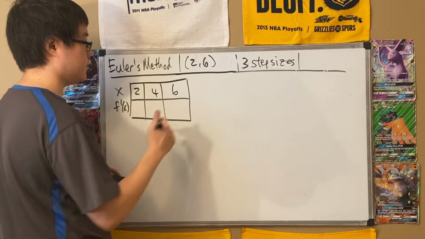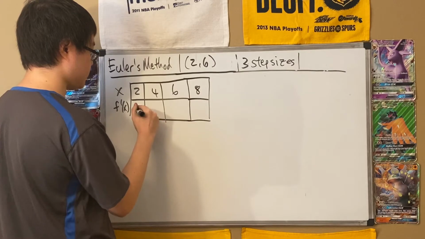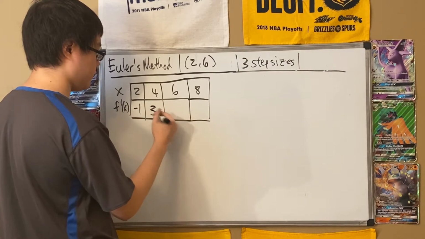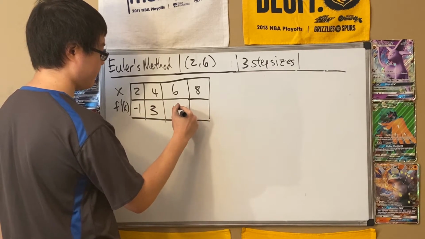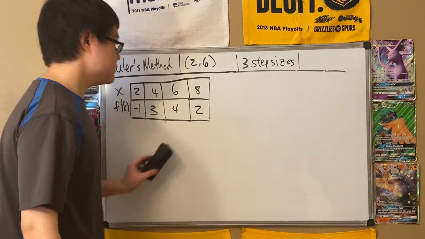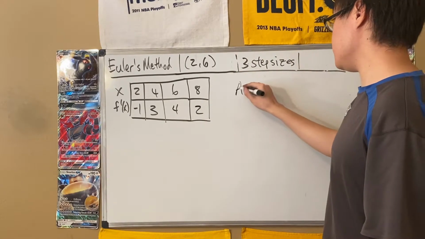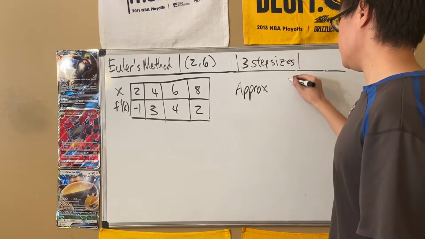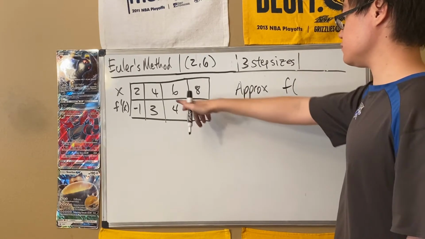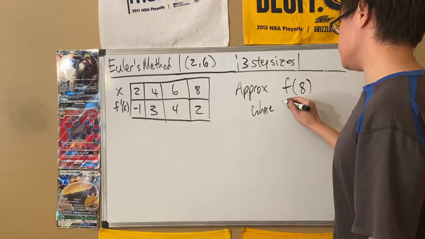And then finally, let's do 8 here. And we're going to have random numbers here. Let's have negative 1, 3, 4, and I don't know, 2. So this is my nice little table. And the question is, again, approximate f of, let's say, 8. Where f of x, of course, is equal to y.